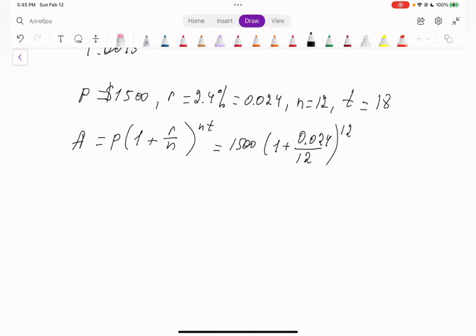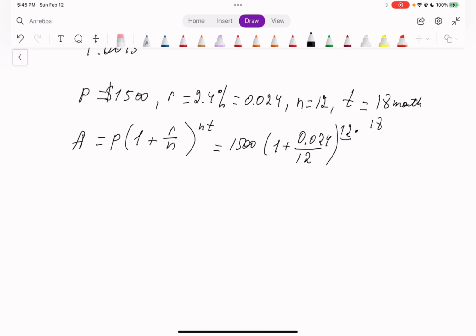So actually 12 months times years, and we have 18 months. So 18 over 12, right? N is 12 and then 18 because we have 18 months.